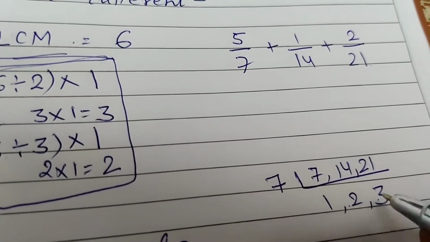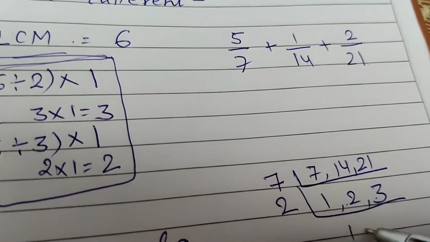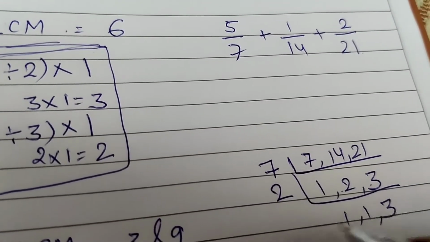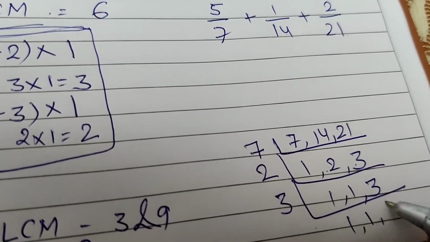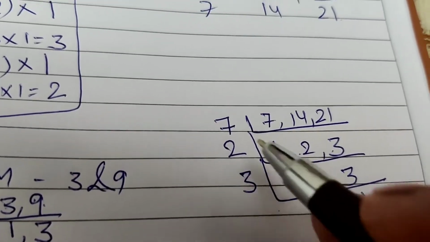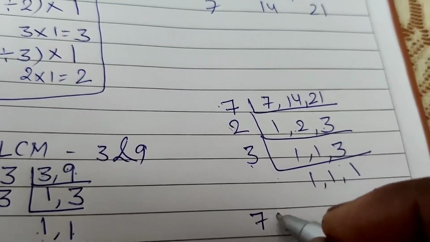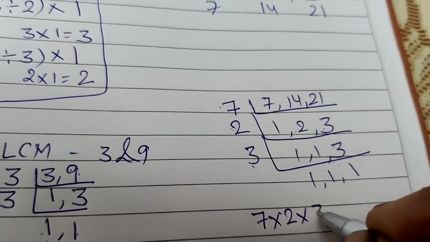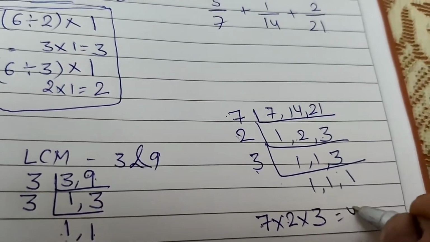None is common. If you divide by 2, you will get this. And next, 3, 1, 1, 1. It means divide till we get 1, 1, 1. Now the LCM is 7 into 2 into 3.